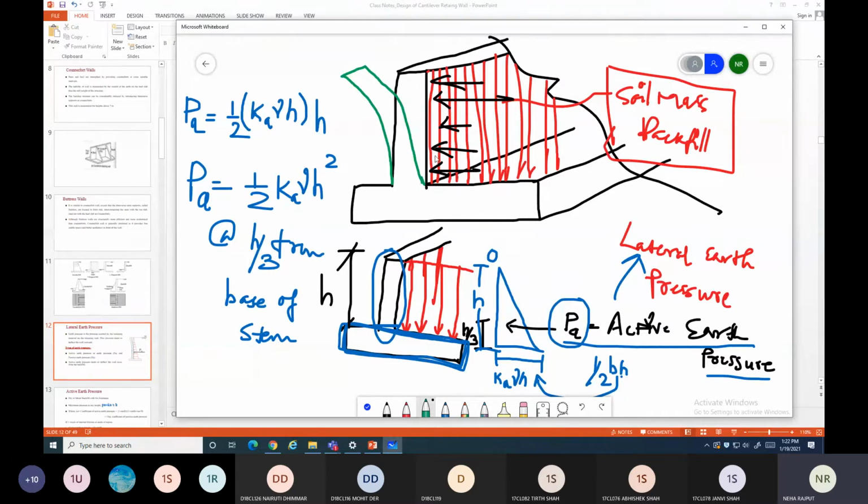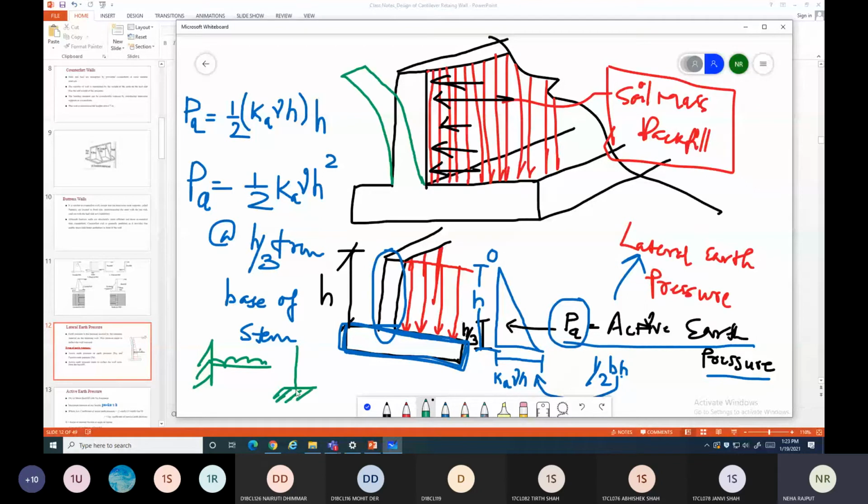So your stem part deflects like this because of the pressure of the soil mass on the vertical portion. This is the same as a cantilever beam, but if this is the cantilever beam and the load is acting over here, instead of that my cantilever beam is like this.